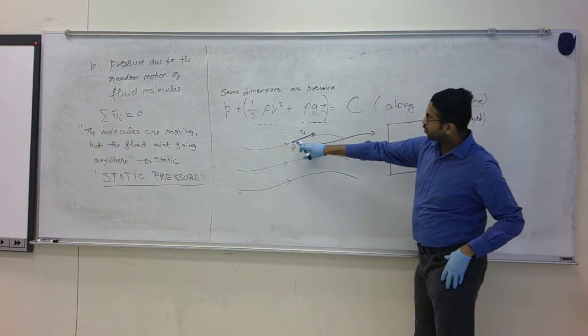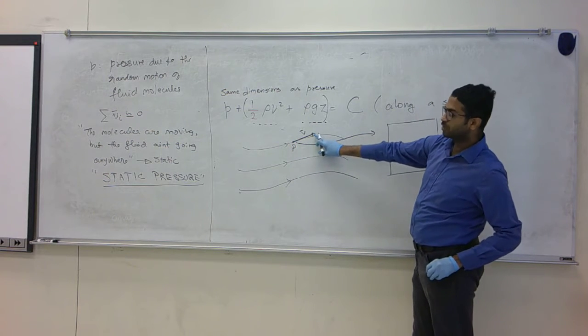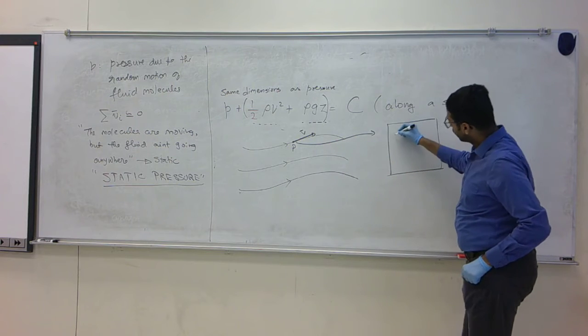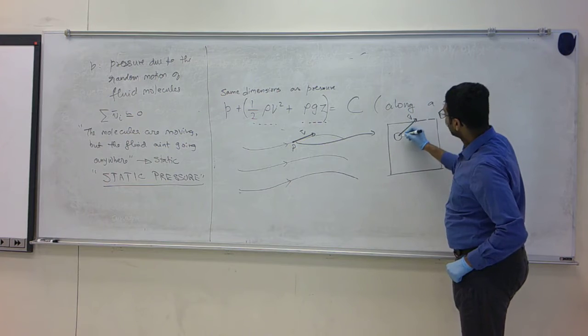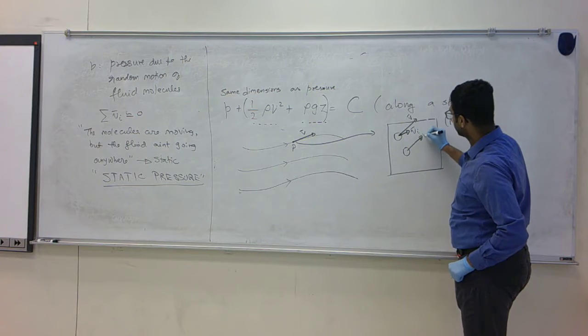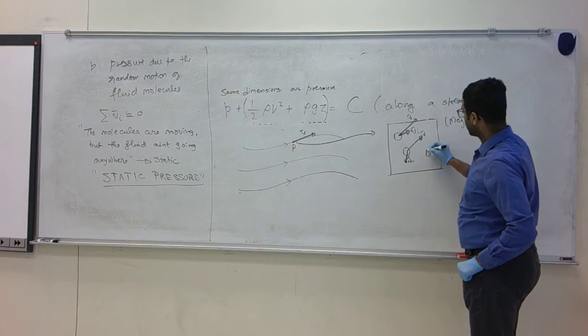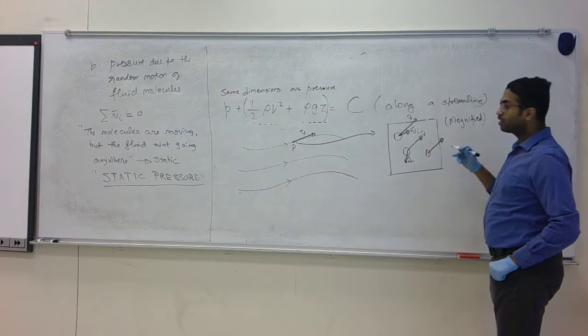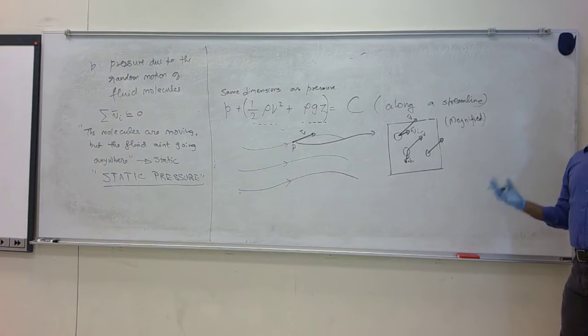I do know that locally all the fluid molecules must be moving with a velocity v. If I take each molecule, it has a velocity v. It also has a molecular velocity that is random, vr. If I take any other molecule, it has a velocity v and a random velocity vr. All the molecules have two parts.